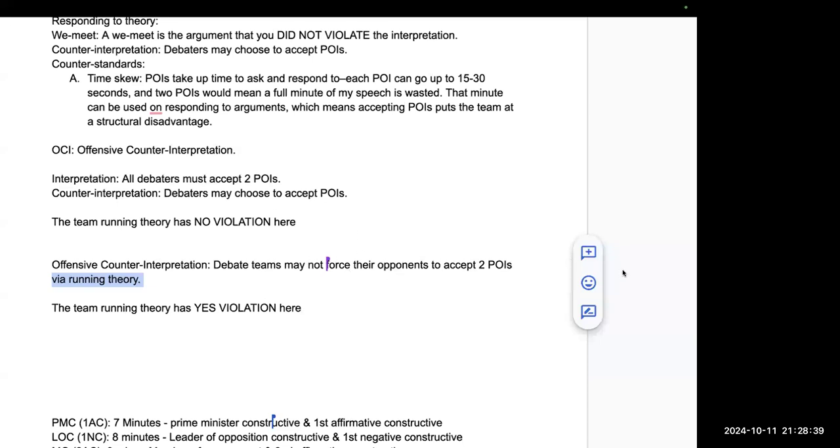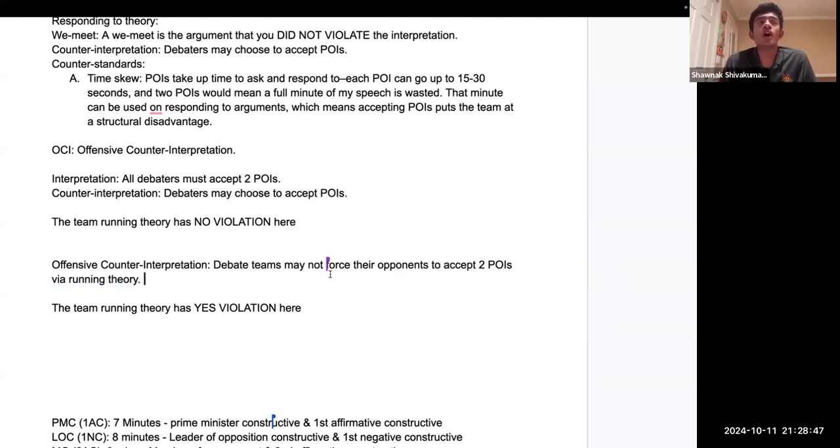I have a question. Should you always try to run an offensive counter interpretation, or are there times when you shouldn't? Intuitively, generally, it's better to run offensive counter interpretations because you can literally win in the theory shell.